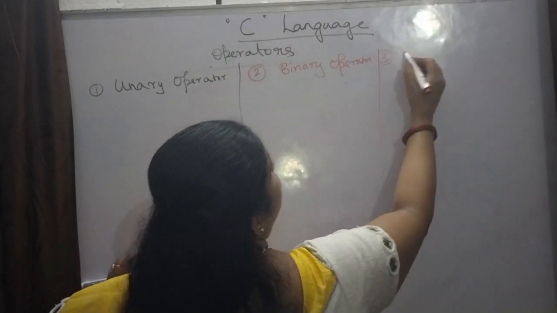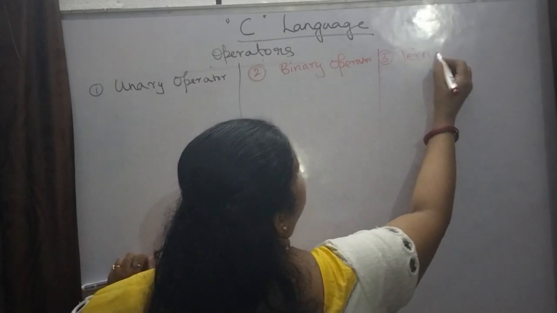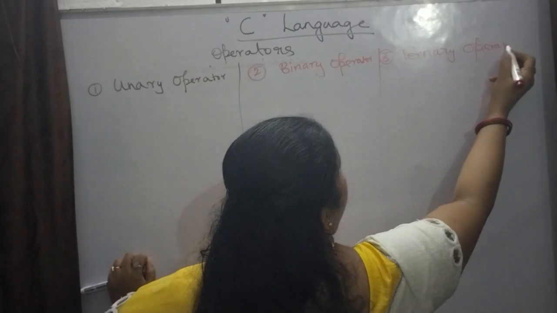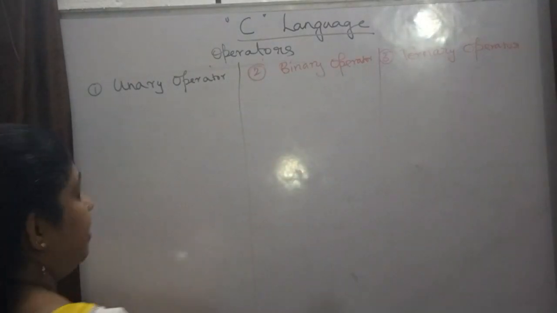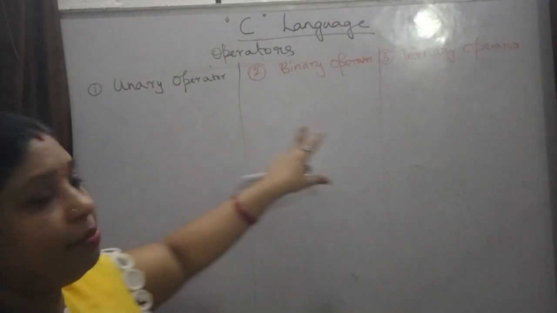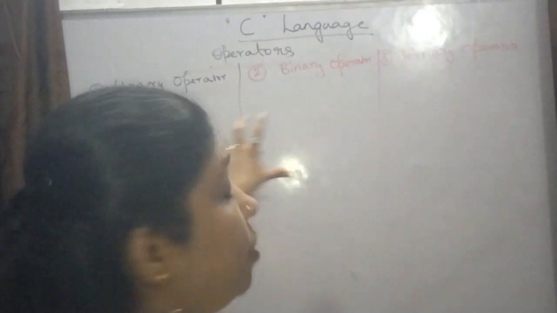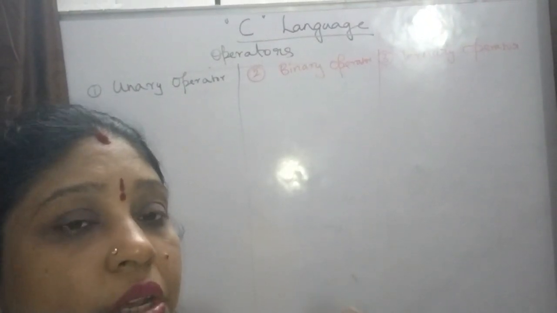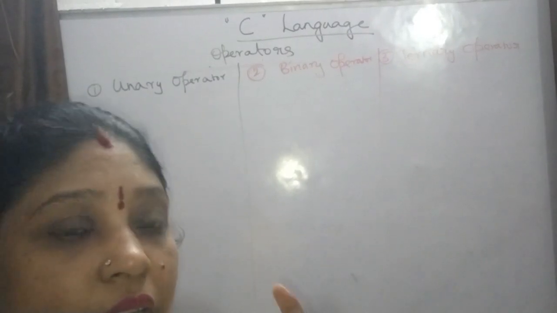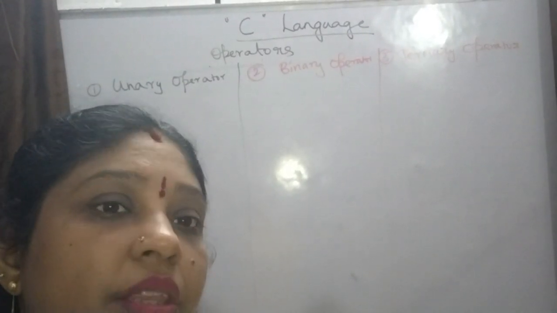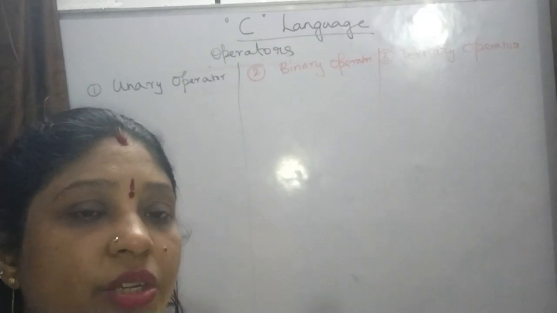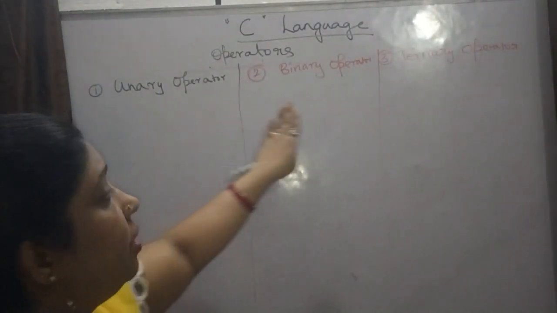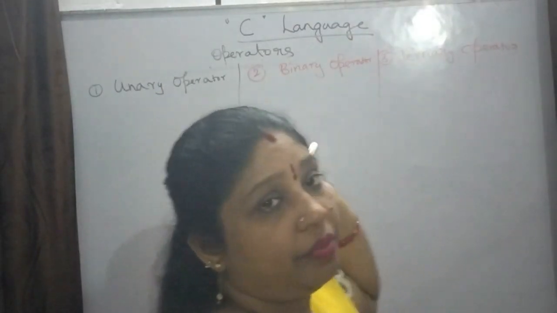Based on the operands, you have 3 types of operators. Those are the unary operator, second, the binary operator, third, the ternary operator. So depending on the operands, they have divided the operators into 3 types: unary, binary and ternary.